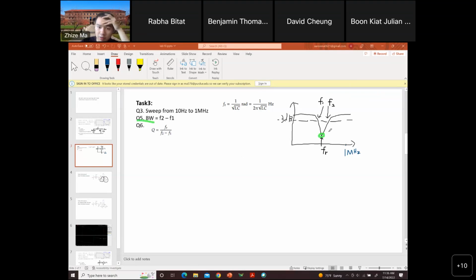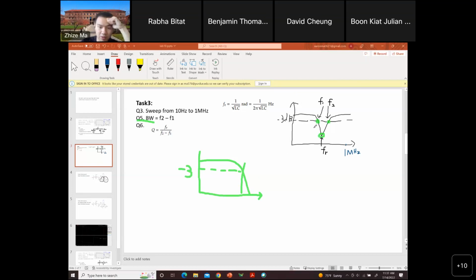Then question number 5 is asking for the bandwidth. For the low pass filter, let's draw this right here. The cutoff frequency is at the negative 3 dB point, which is right here. That's the cutoff frequency. For this plot, you see there are 2 cutoff frequencies, one right here and one right here, because there is a decreasing and an increasing part.